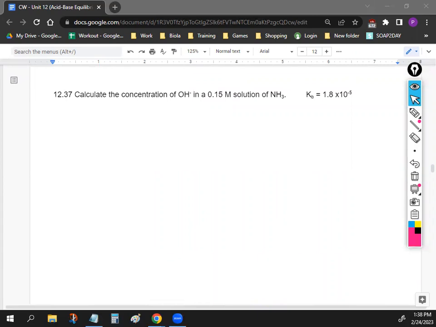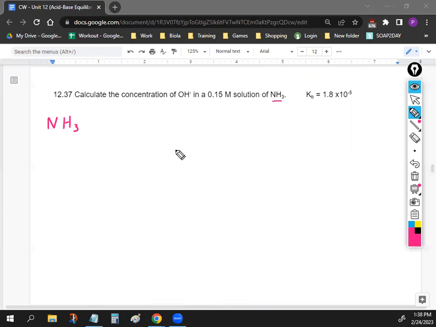All right, so let's move on to the fun part, the actual math part. We're going to calculate the concentration of OH minus for this solution right here. I'm going to help you guys out with this, and then we can move on. It's very similar to what we've been doing. We have NH3 as our base. This is a little different from our acid because NH3 does not release OH minus by itself.